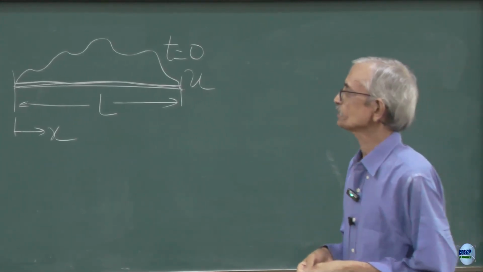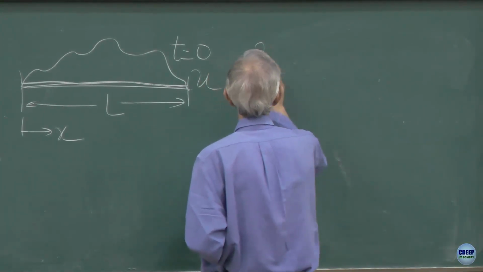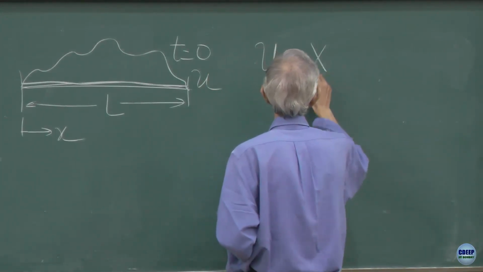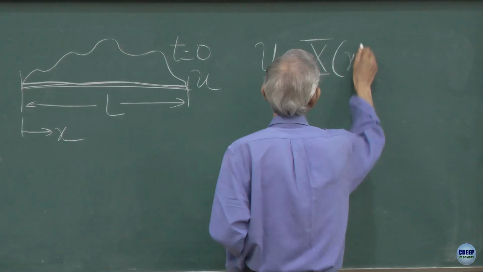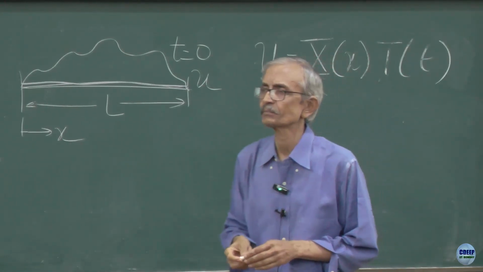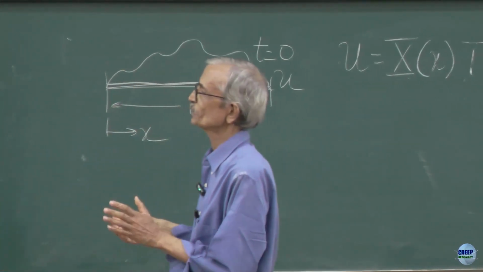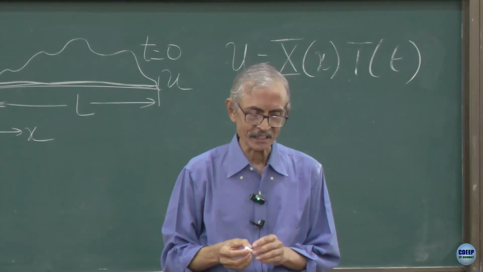All right, so the first thing that we do here is to say that the independent variables I have are x and t. X usually is space, t usually is time.